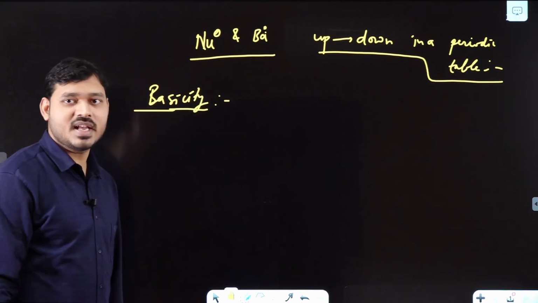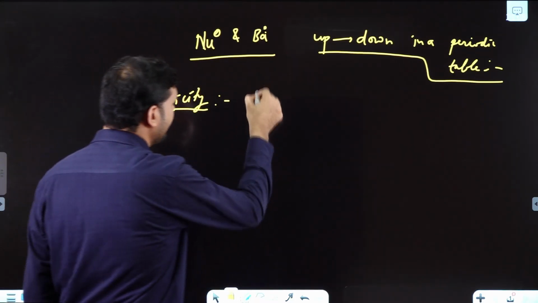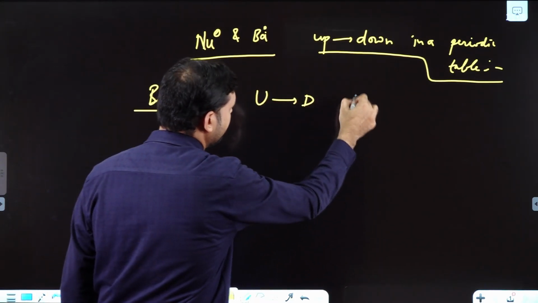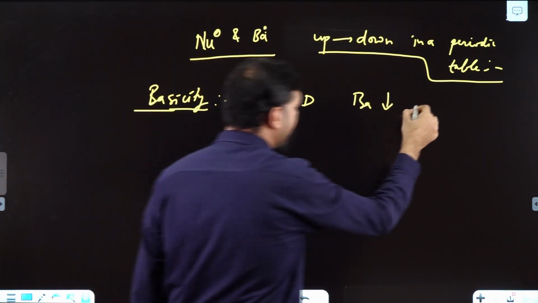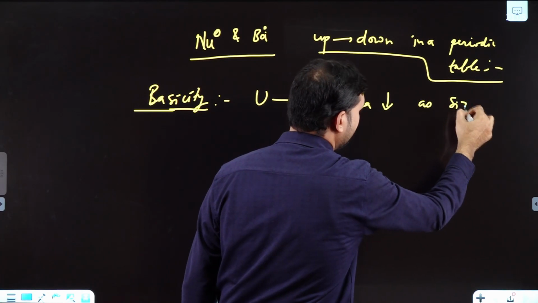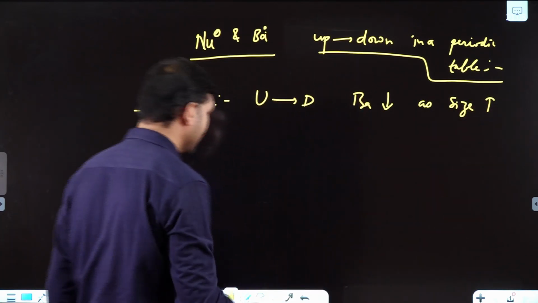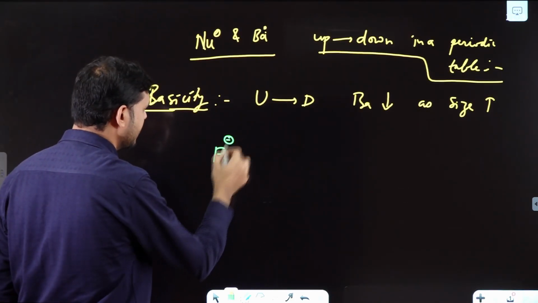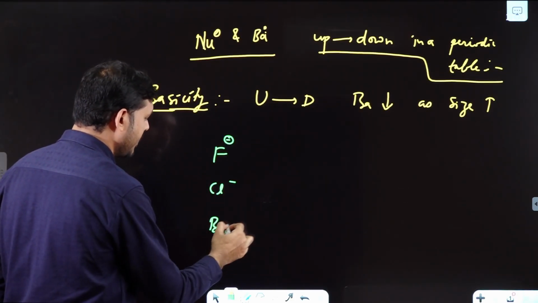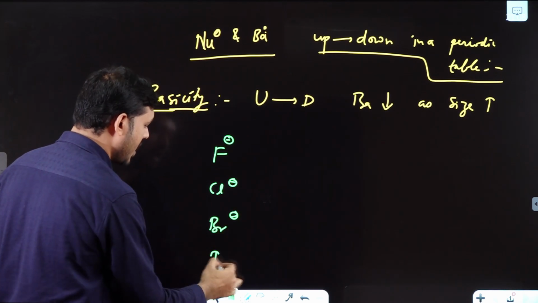Now when I say basicity, up to down basicity decreases as size increases. You can take the example of F minus, Cl minus, Br minus and I minus.